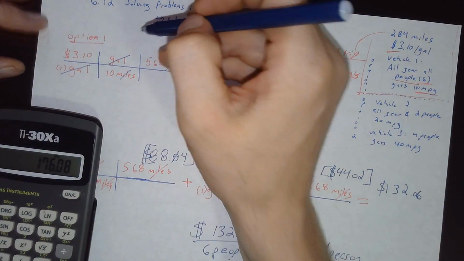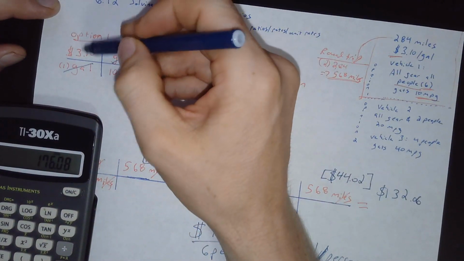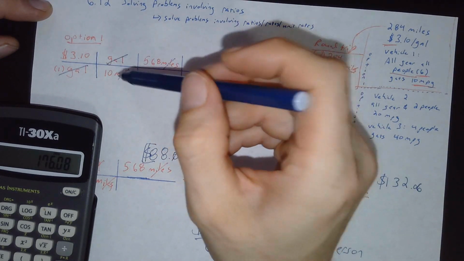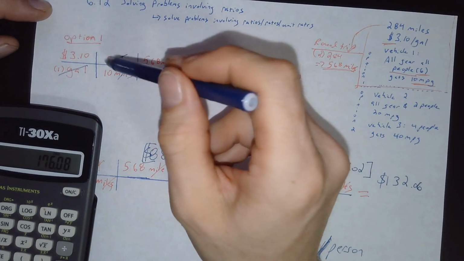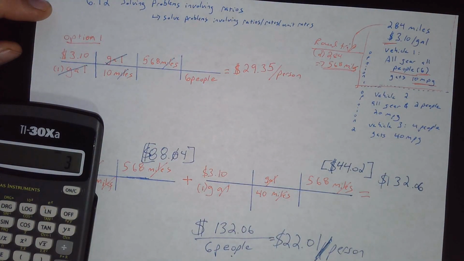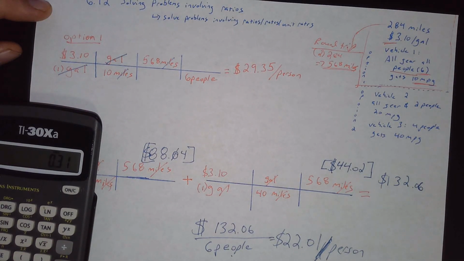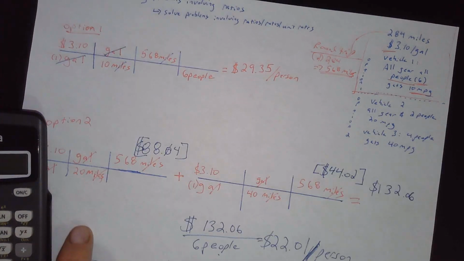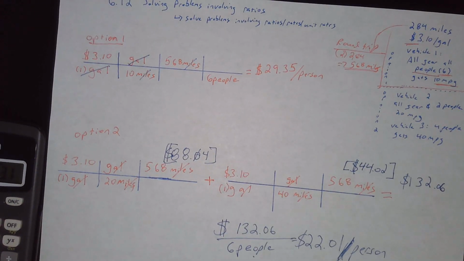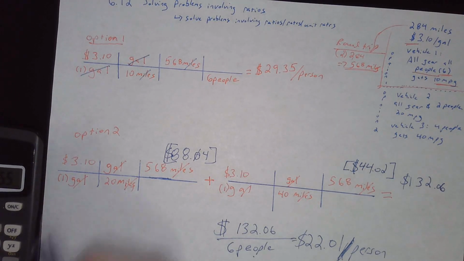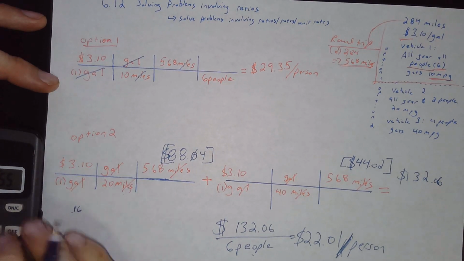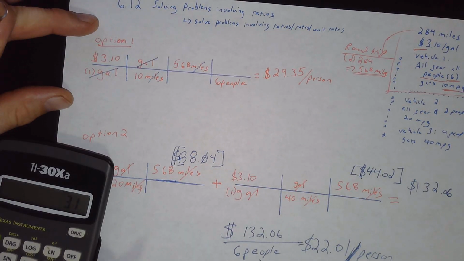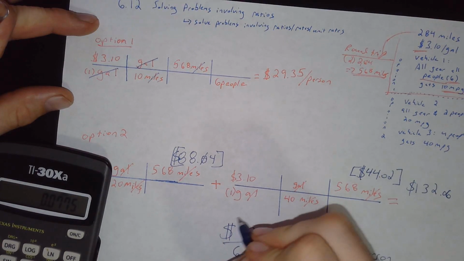And then, so what would it be if we just did this and this? The 310, this is dollars per mile, right? 310 divided by 10, that's 31 cents a mile for this one. And if we did it over here, it's 310 divided by 20. That's 16 cents a mile. And 310 divided by 40 is 8 cents a mile.